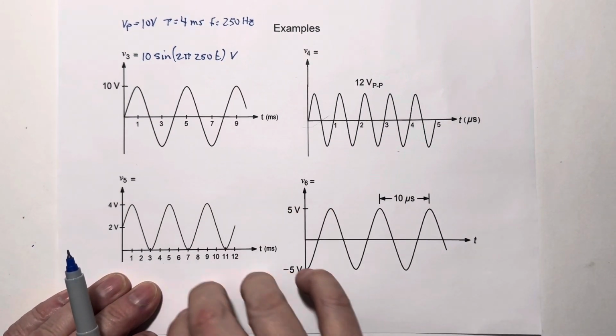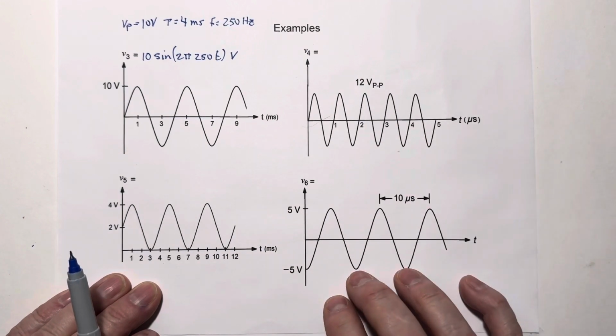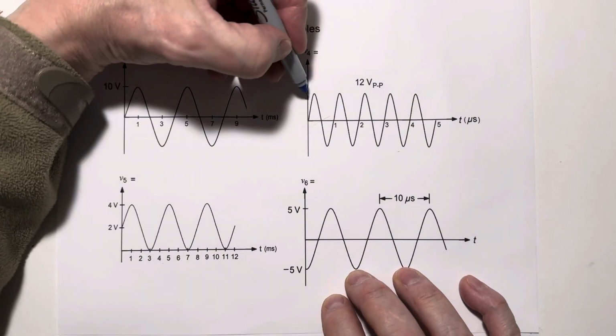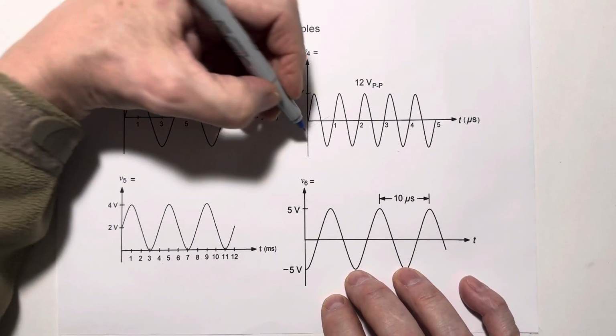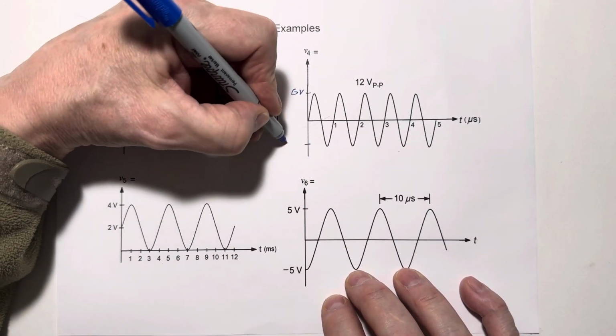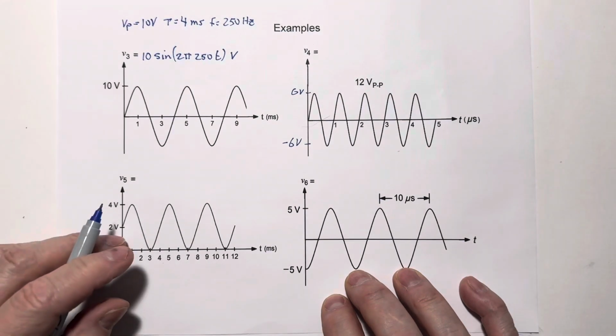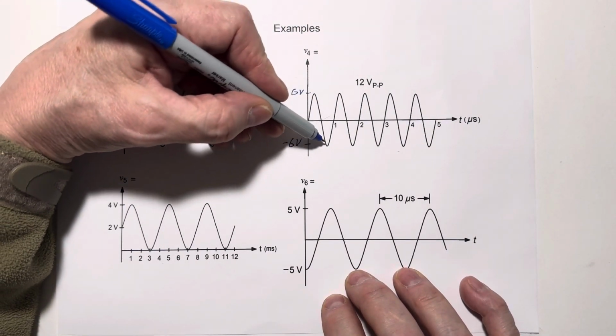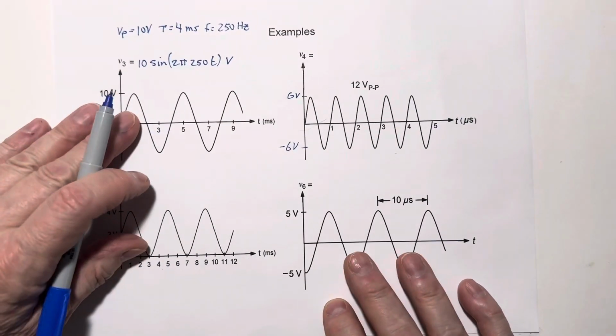Okay, so let's go on and do V4. This one is 12 volts peak to peak. That means it's 6 volts peak. It's reaching 6 volts and minus 6 volts. And its period is 1 microsecond.